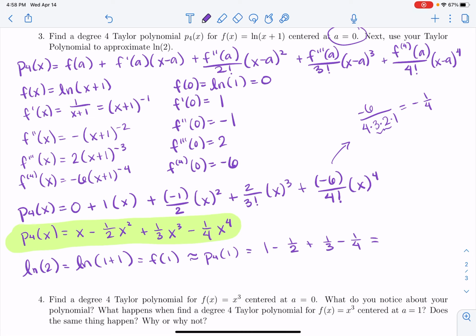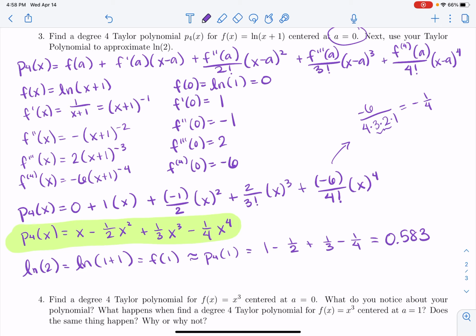And we could plug this into the calculator for our approximation. 1 minus 1/2 plus 1/3 minus 1/4 is equal to 0.583. And the 3's repeat.